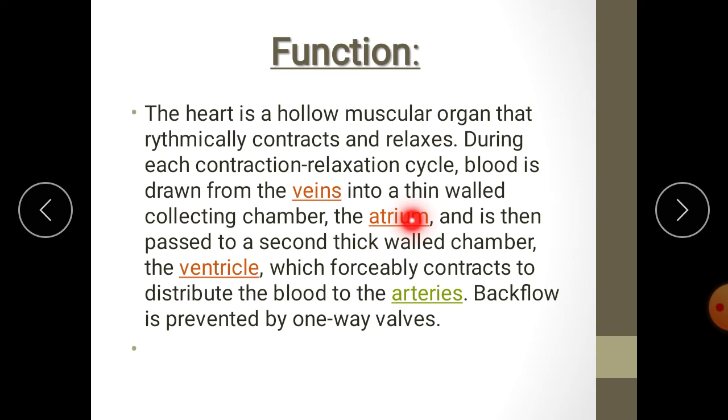These are the two different chambers present in the heart. From the atrium, blood flows to the second thick-walled chamber, the ventricle, which forcibly contracts to distribute the blood to the arteries. Arteries carry blood away from the heart, whereas veins carry blood towards the heart.